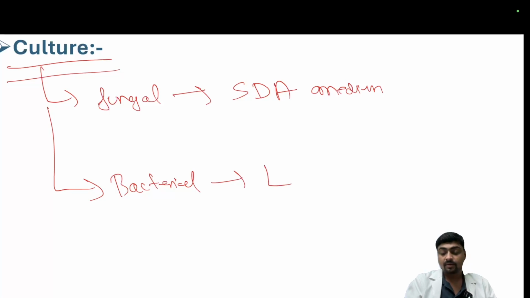Now we can also perform the culture. As we know, the two types of mycetoma are caused by fungal and bacterial agents, so we can do both bacterial and fungal culture. In case of fungal culture, we can take Sabouraud dextrose agar medium, and for bacterial culture, we can take LJ medium, Lowenstein-Jensen medium.